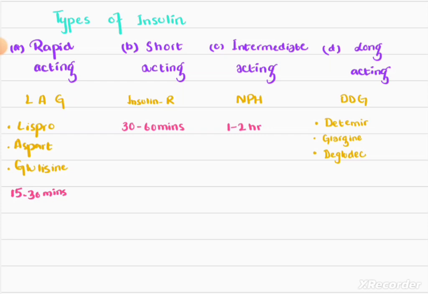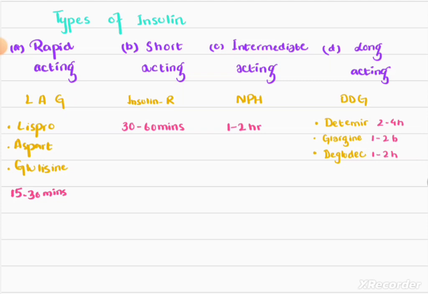And the longer acting insulins: the Detemir has an effect in 2 to 4 hours, the Glargine causes the effect in 1 to 2 hours, and the Degludec also causes an onset in 1 to 2 hours. So this is how they all start their action in the body.